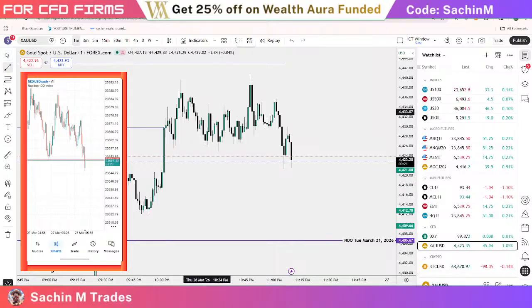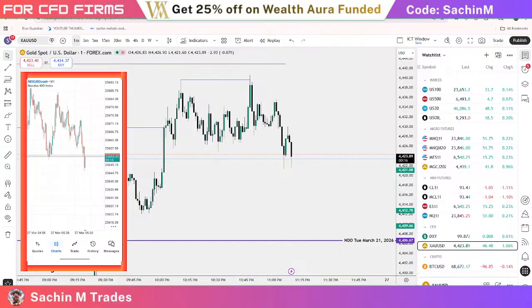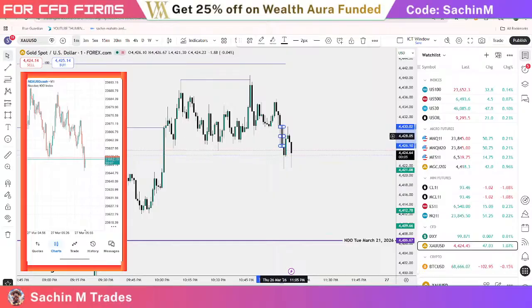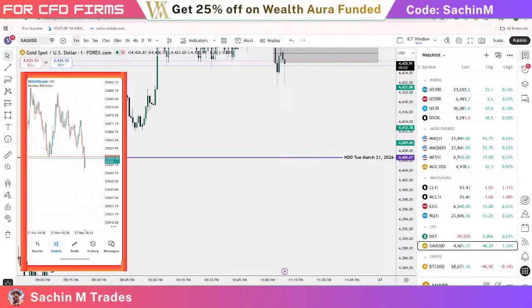Yep, this liquidity is swiped as well. We have a market structure shift here, and we also have this fair value gap from which the market is rejecting. So we will take this trade till this liquidity is taken out.